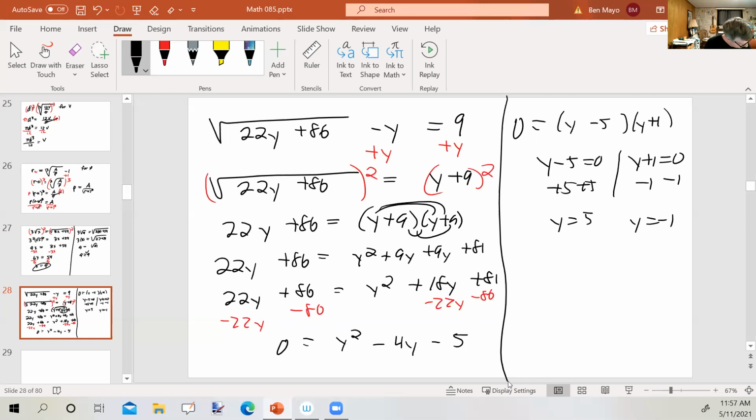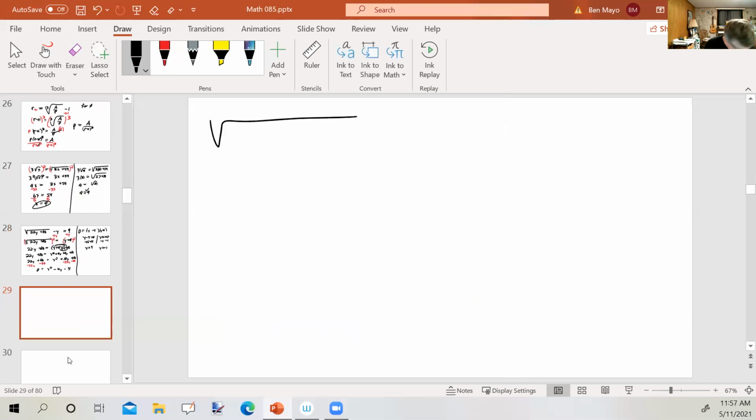Okay, so we've got the square root of 22y plus 86 minus y equals 9. And y is 5 or -1. So let's put 5 in for y.